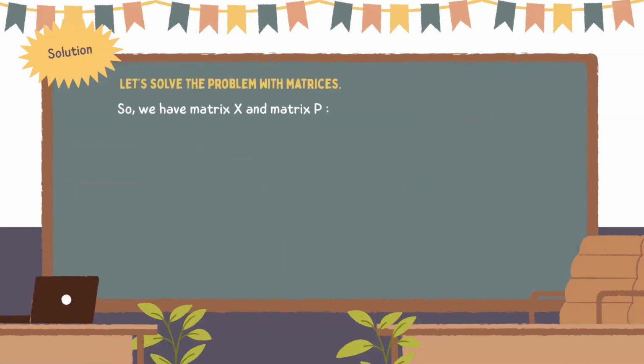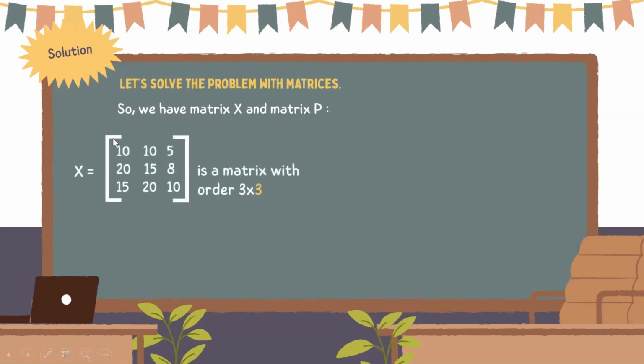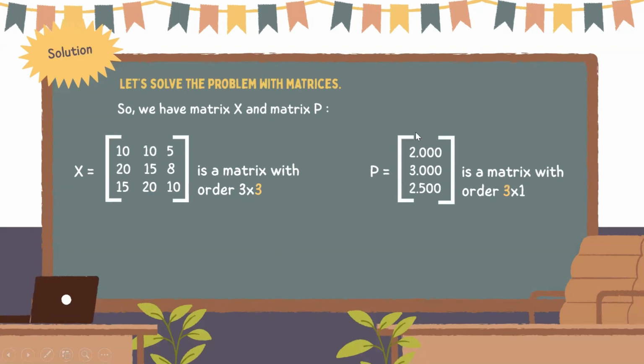So we have matrix X and matrix P. The elements of matrix X with order 3 times 3 are 10, 10, 5, 20, 15, 8, 15, 20, 10. And the elements of matrix P are 2,000, 3,000, and 2,500.